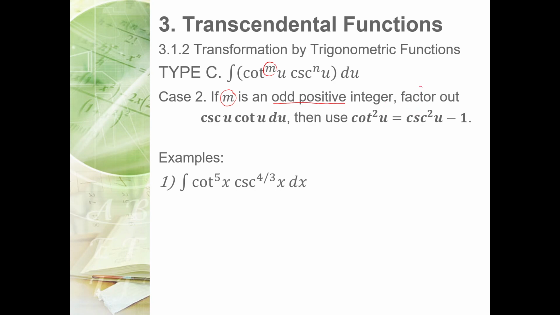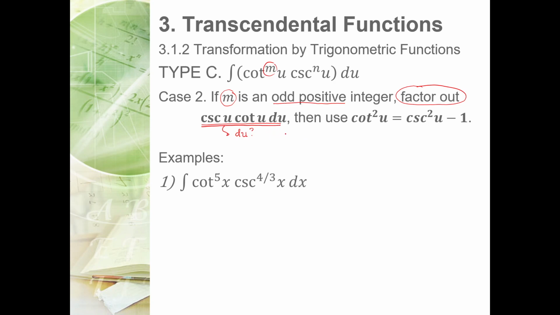Next, we factor out cosecant u, cotangent u. Again, this is the probable value for your du. Why is this our du?